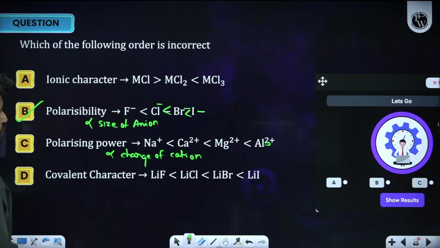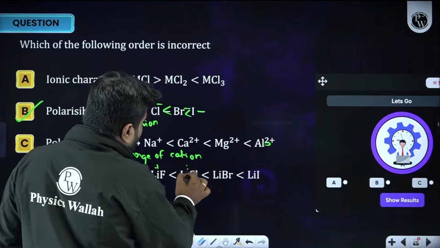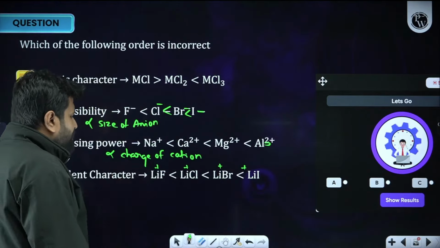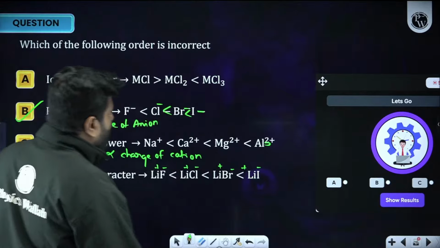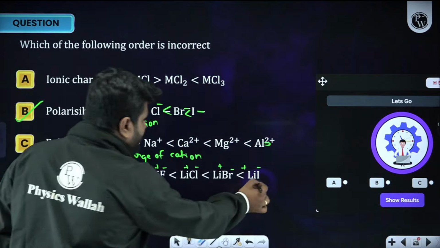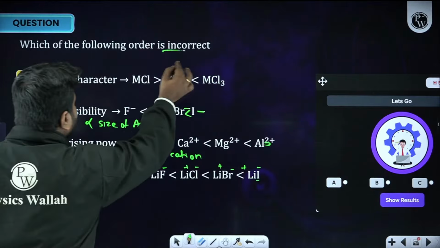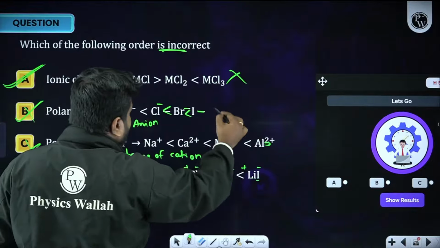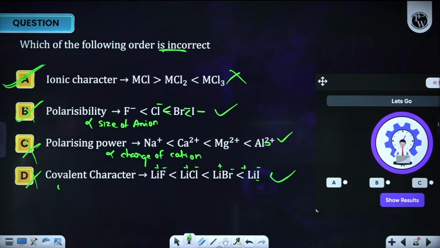Covalent character is inversely proportional to the size of cation, but the cation is the same. Look at the anion. It is directly proportional to the charge of anion. Charge of anion is -1. Then size of anion: the greater the size, the more covalent character. Now they are asking for the incorrect order. So incorrect order means option A is incorrect. The remaining three are correct. Option A is incorrect.